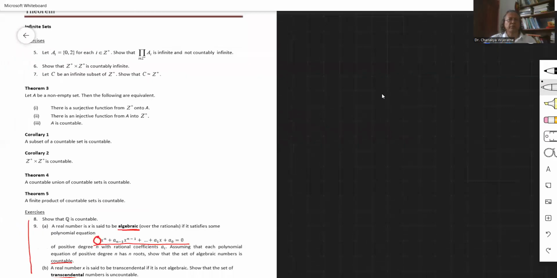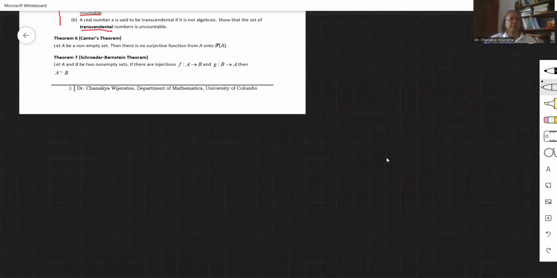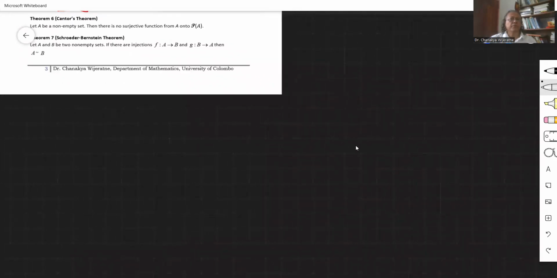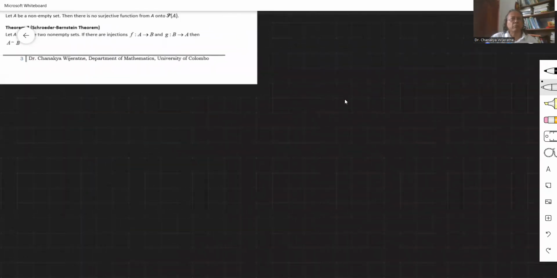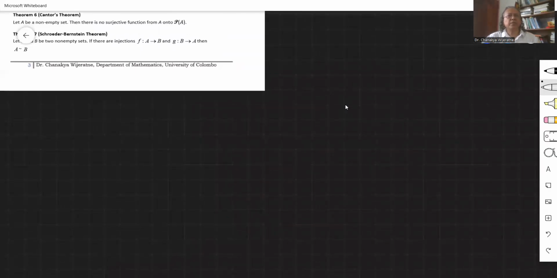Right, perfect. Here A is a non-empty set. So this theorem asserts that there is no onto function from A onto the power set of A, right?